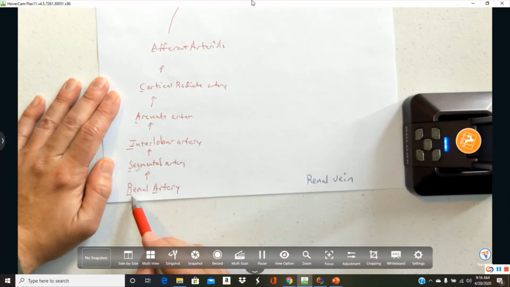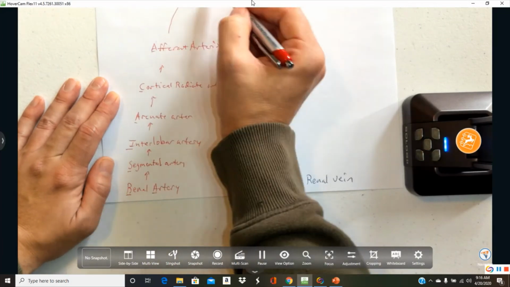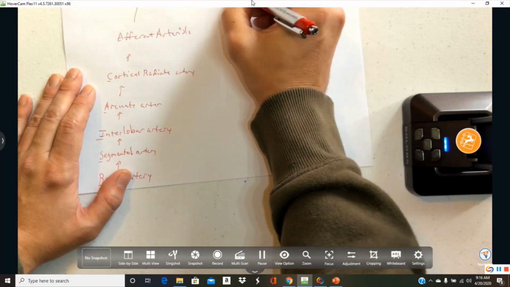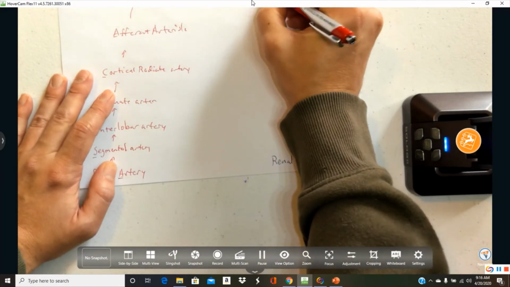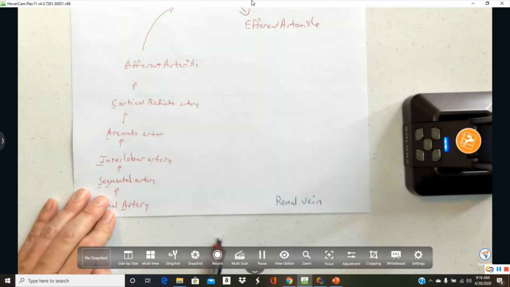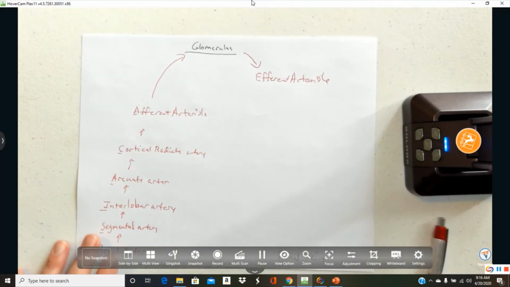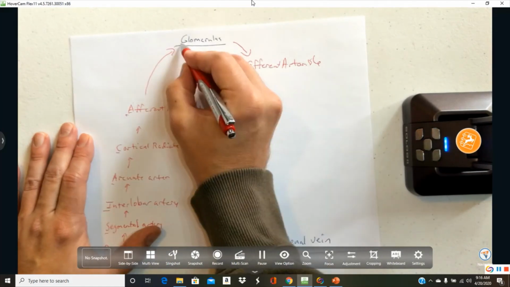So remember, Ren and Stimpy in a cage, CAG, glomerulus. E, efferent arteriole. So this means afferent arteriole arrives at the glomerulus, efferent arteriole exits the glomerulus.